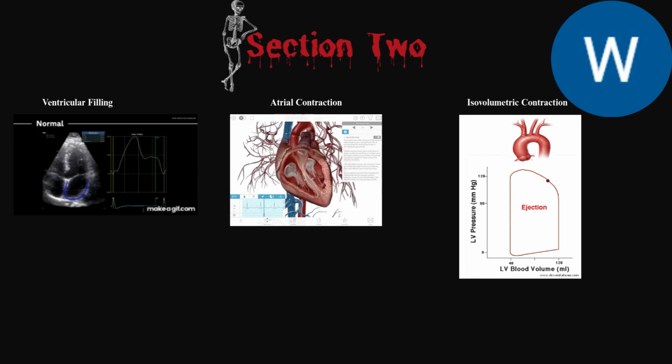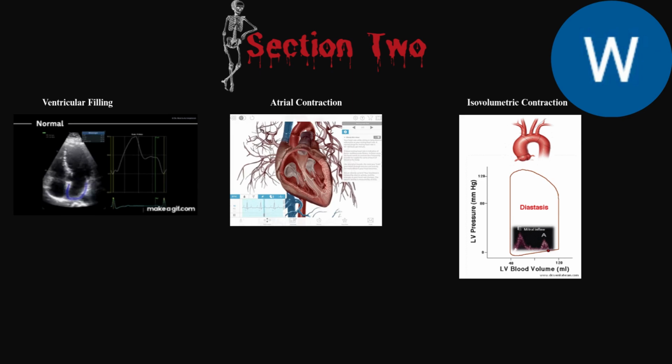So for the second one, we have the atrial contraction. So we're hitting now the atrial systole. The atria contract. It's giving that final push of blood into the ventricles, like a top off, especially when you're exercising and your heart is beating super fast.